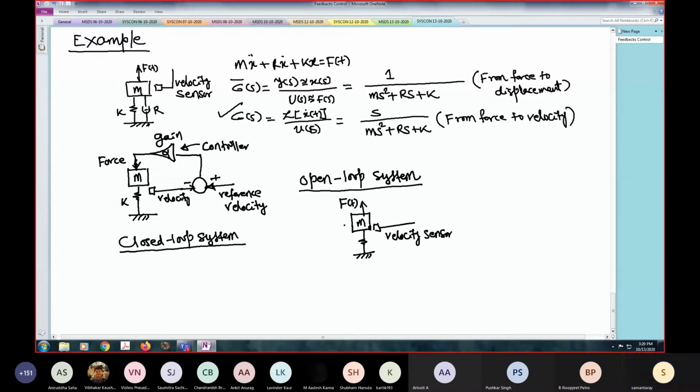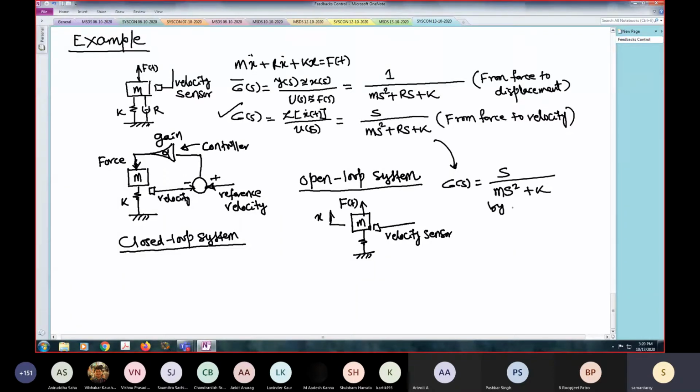Of course, we choose x here. So for this, we can derive the transfer function. That's no problem. What is the transfer function? We will substitute r is equal to 0. So G(s) is equal to s by ms square plus k.